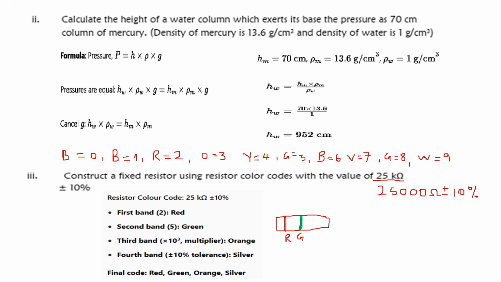This is red. The third one is equal to the number of zeros.